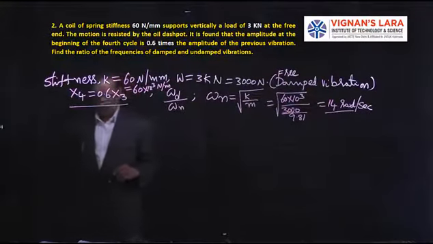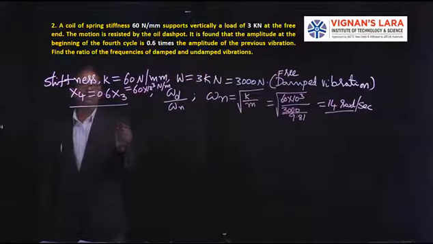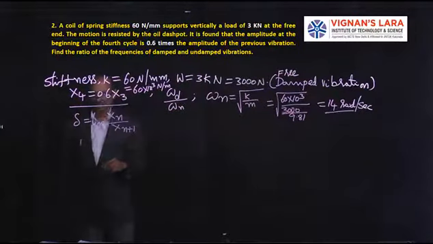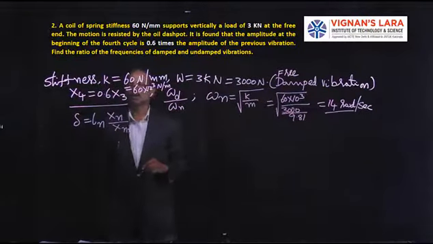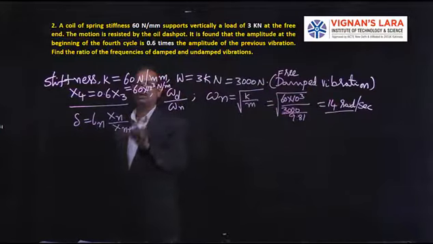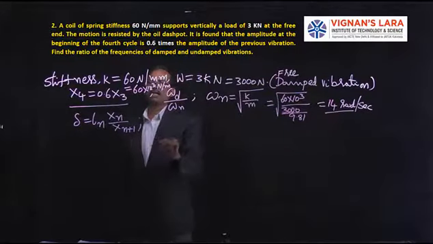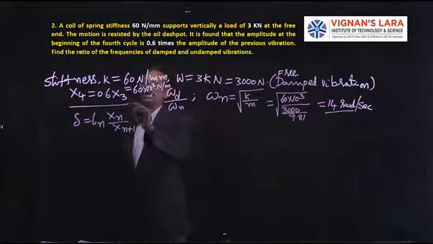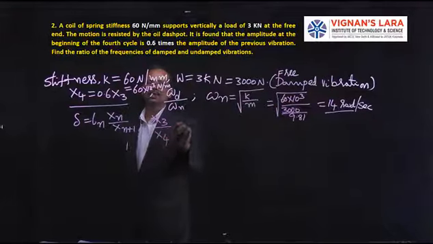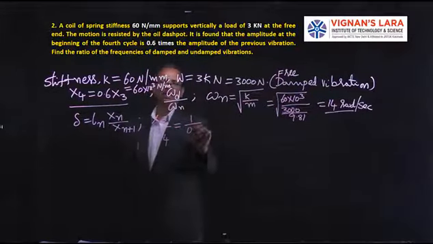So we know that logarithmic decrement, which is defined as delta, is equal to log of xn by xn plus 1. This is from the basic fundamentals. In the given data, the x4 and x3 relation is given. So I can write x3 by x4 is equal to 1 by 0.6.